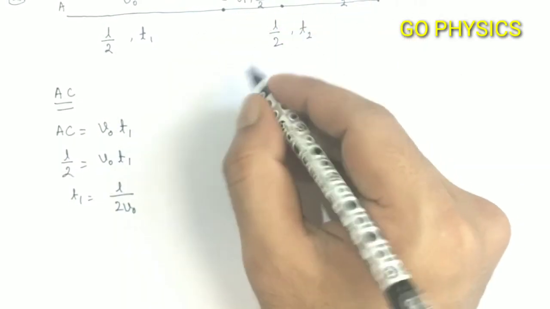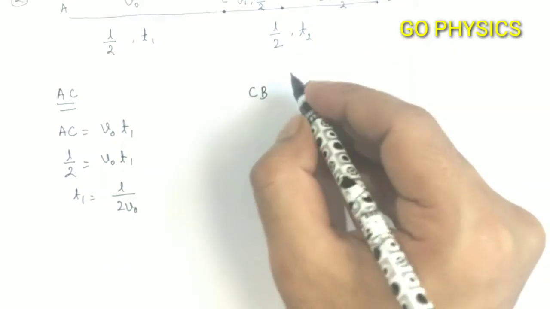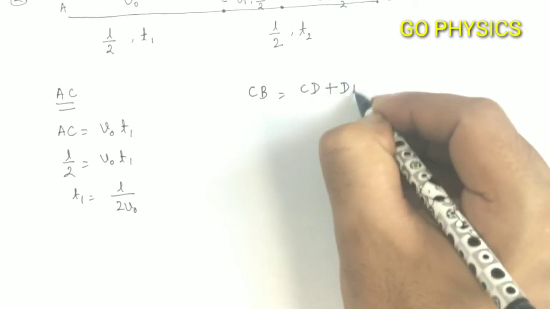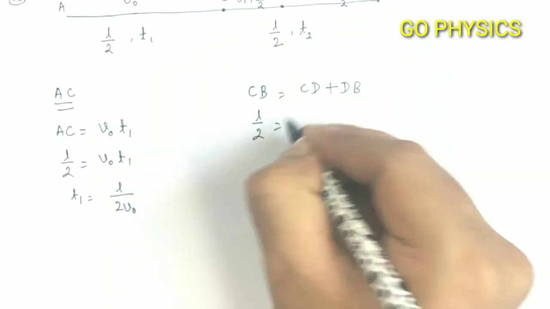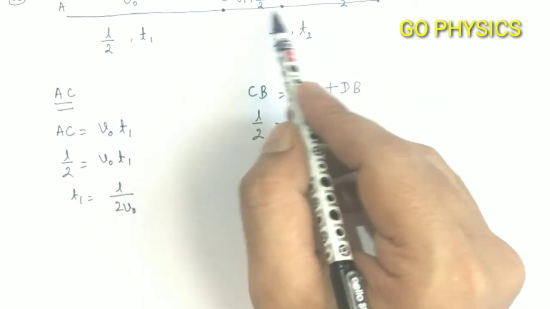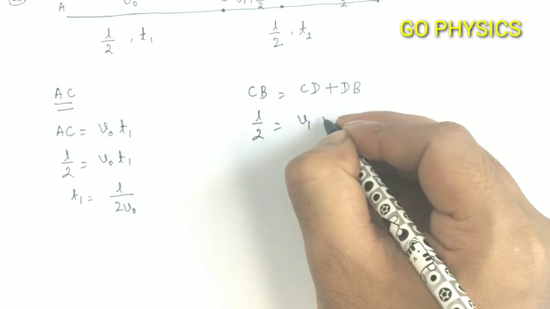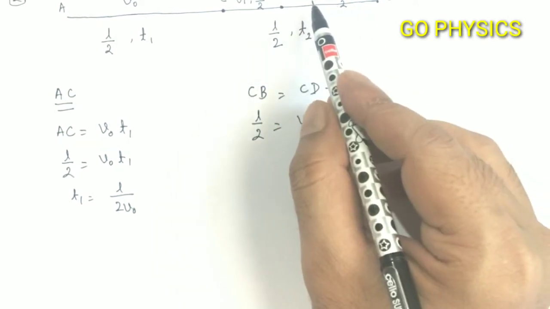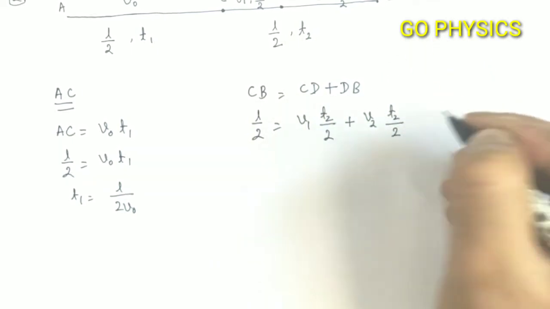Now we will see the distance CB. CB equals CD plus DB, and the total length of CB is L by 2. CD equals speed into time, so v1 into t2 by 2, plus DB, which is speed into time, so v2 into t2 by 2.